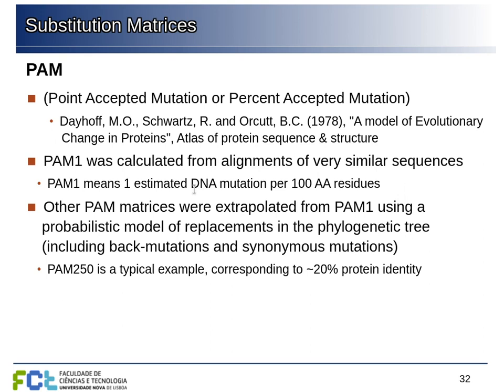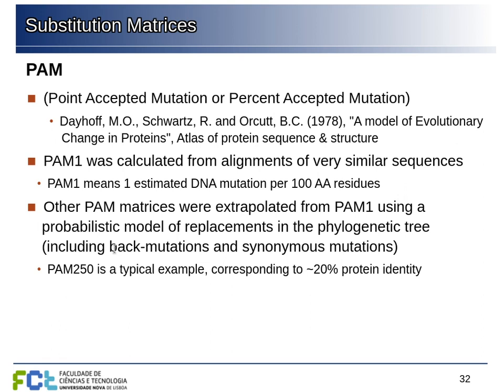So this was the idea for the PAM matrix. PAM1 is calibrated to one mutation for every 100 amino acid residues. Remember that this is a mutation on the DNA, and each amino acid residue corresponds to a codon of 3 nucleotides.